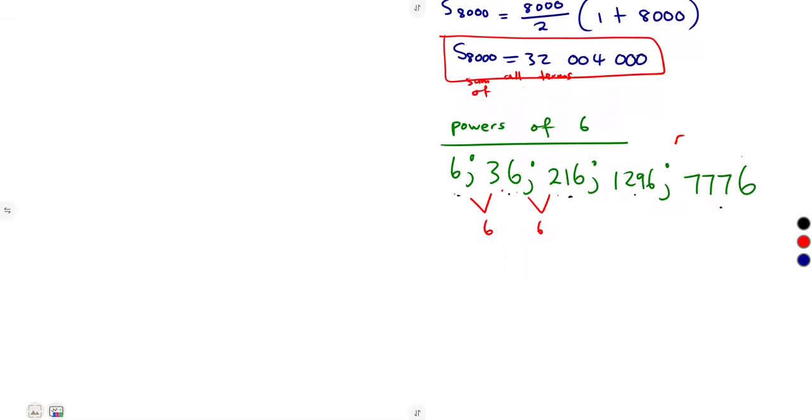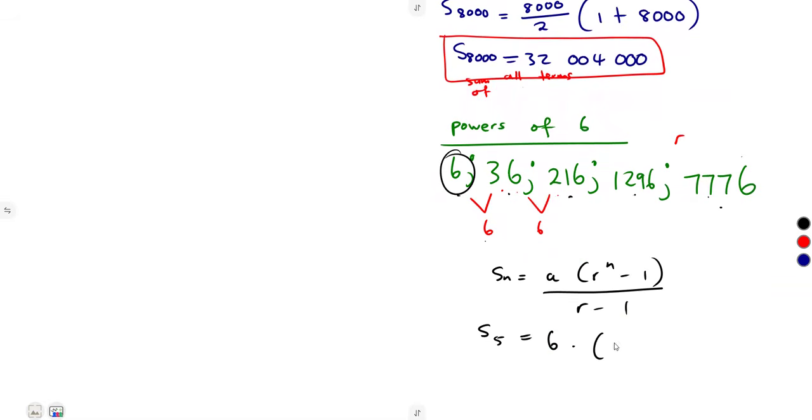So if it is geometric, the sum of terms is given by a times r to the exponent of n, minus 1, over r minus 1. So the sum of 5 terms is equal to a, our first term, 6, times r, which is 6, to the exponent of n, 5 terms, minus 1, over r minus 1, that's 6 minus 1.